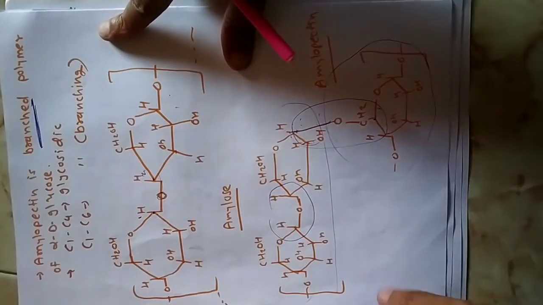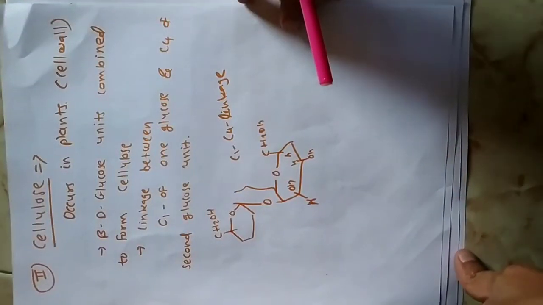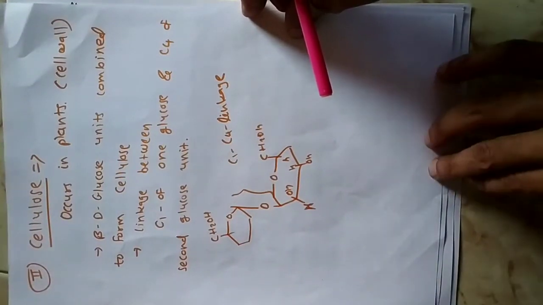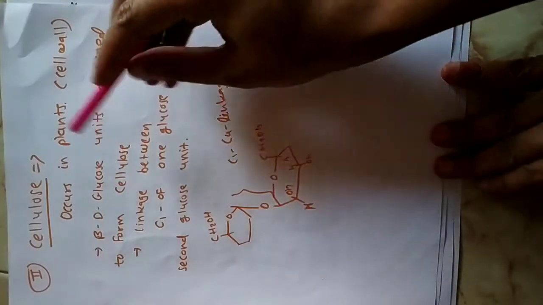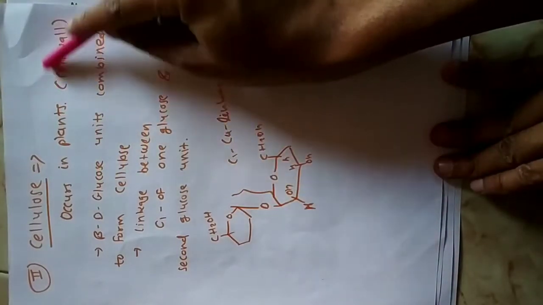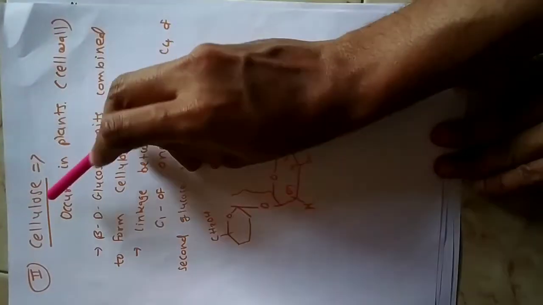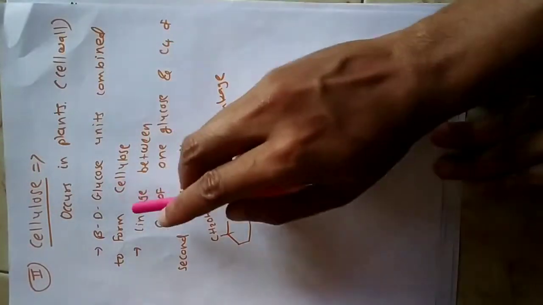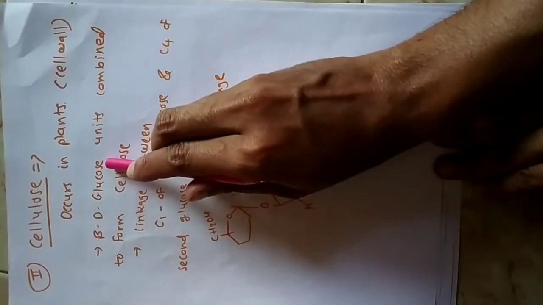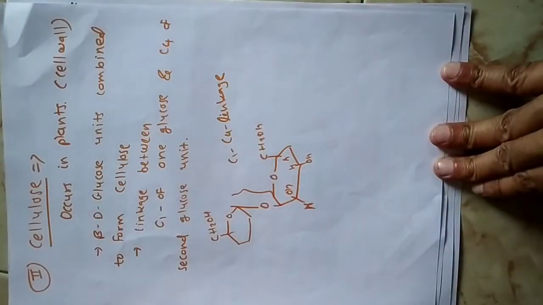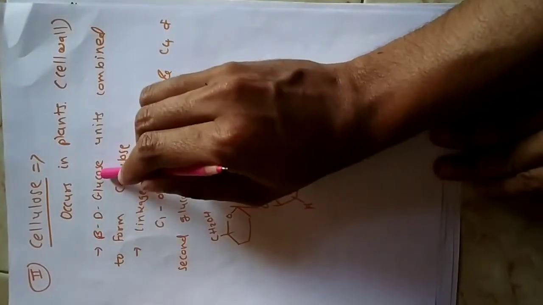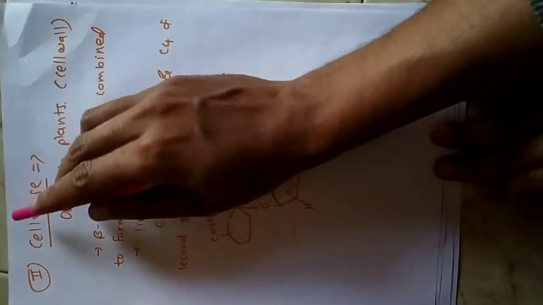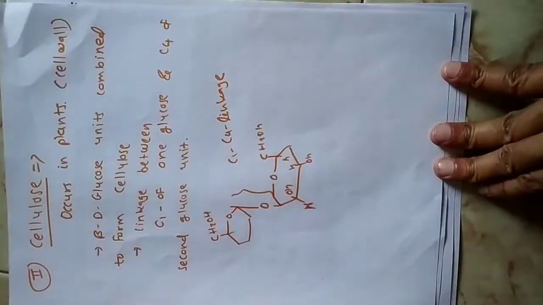Okay. Now the second polysaccharide is cellulose. You must know that cellulose is present in the plant cell wall. Now cellulose is made up of beta D glucose. Starch was made up of alpha D glucose. Here beta D glucose units are connected with each other to form cellulose.